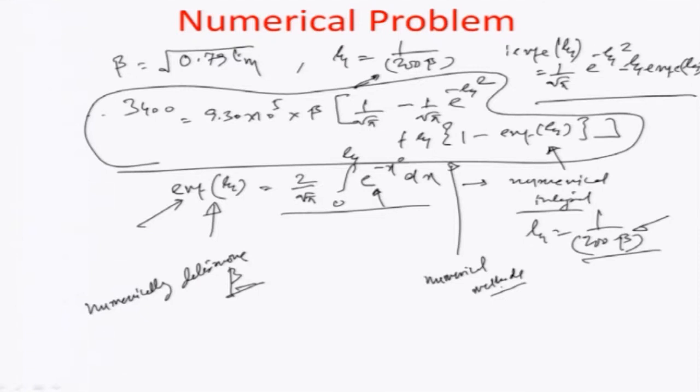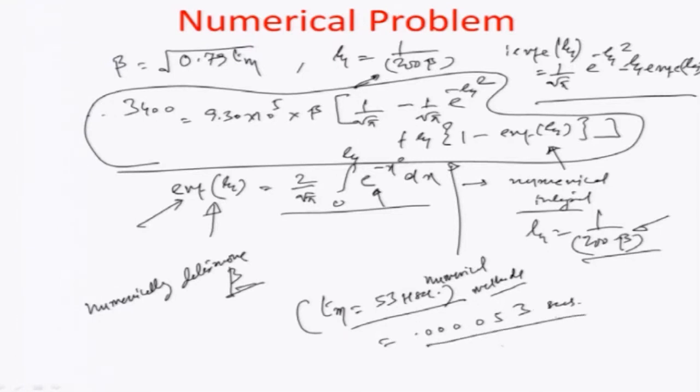Of course, we can start with a value of beta corresponding to the semi infinite region time, which was obtained 53 microseconds as 0.00053 seconds, and putting this Tm value, get the corresponding beta value, plug this beta to find out the zeta value.